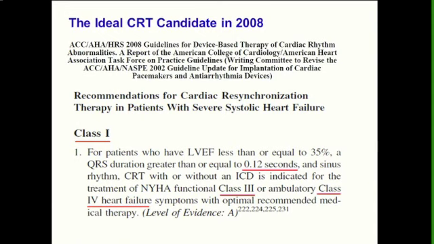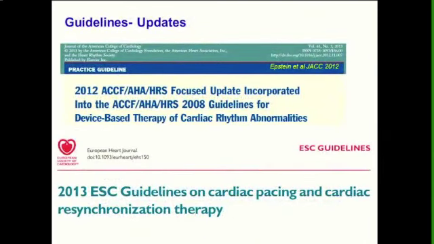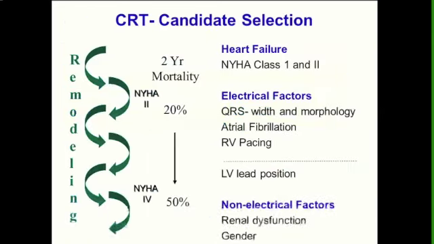So can we reduce that as well as increase indications for CRT so more people can benefit from this potentially life-saving therapy? So certain guidelines have addressed the data that have come out in the last 3 or 4 years on this topic, in the US in 2012 and more recently in 2013 from the ESC.